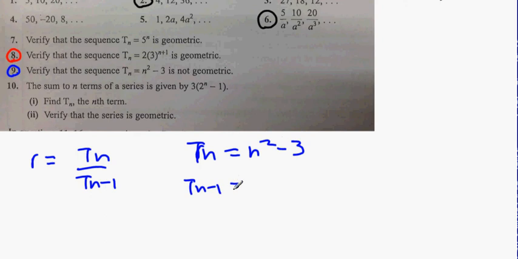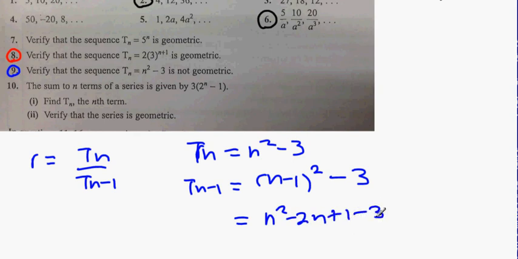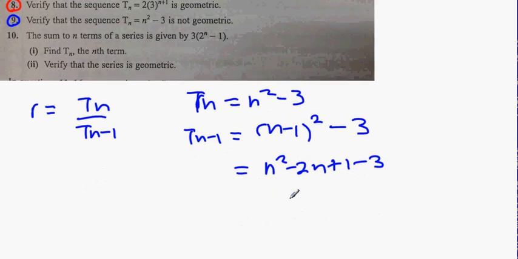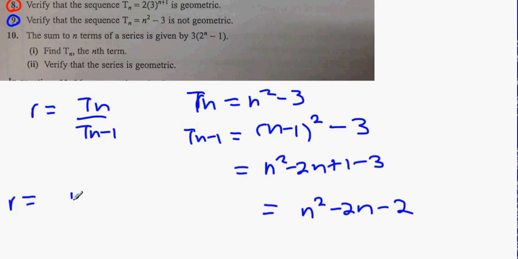T of n minus 1 is n minus 1 squared minus 3, which is n squared minus 2n plus 1 minus 3, and that equals n squared minus 2n minus 2. Now we get R equals n squared minus 3 all over n squared minus 2n minus 2.